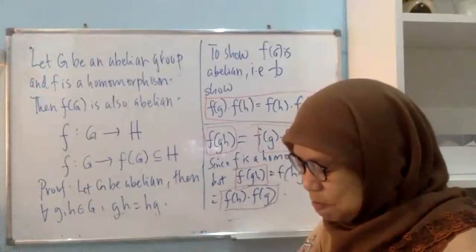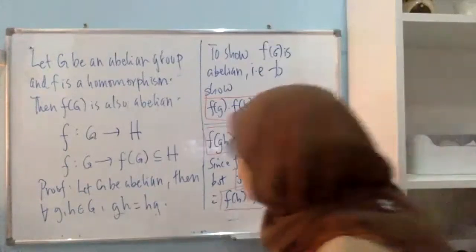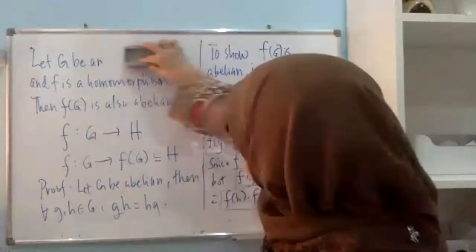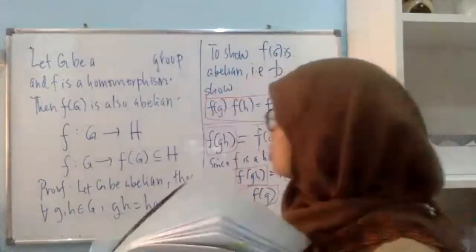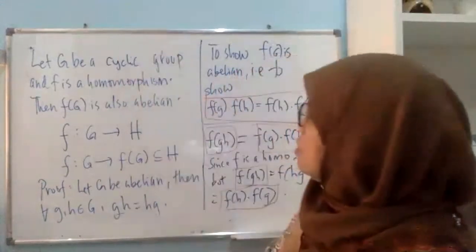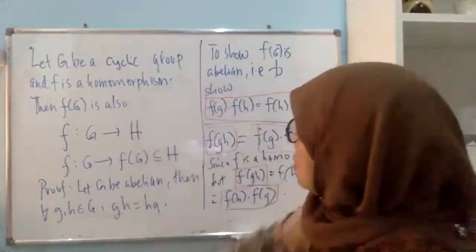Okay. The homomorphic image of a cyclic group is cyclic. So if I change this to cyclic, then this has to be also cyclic.